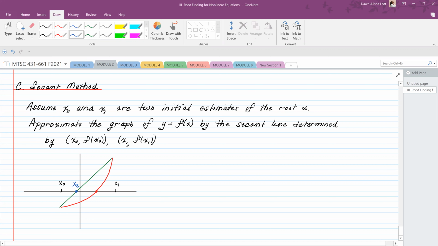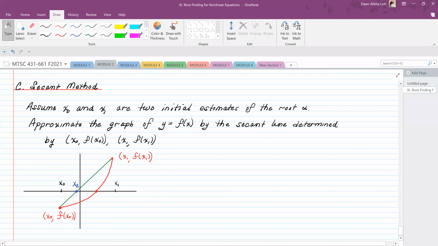This point right here is x naught, f of x naught, and this point is x1, f at x1.